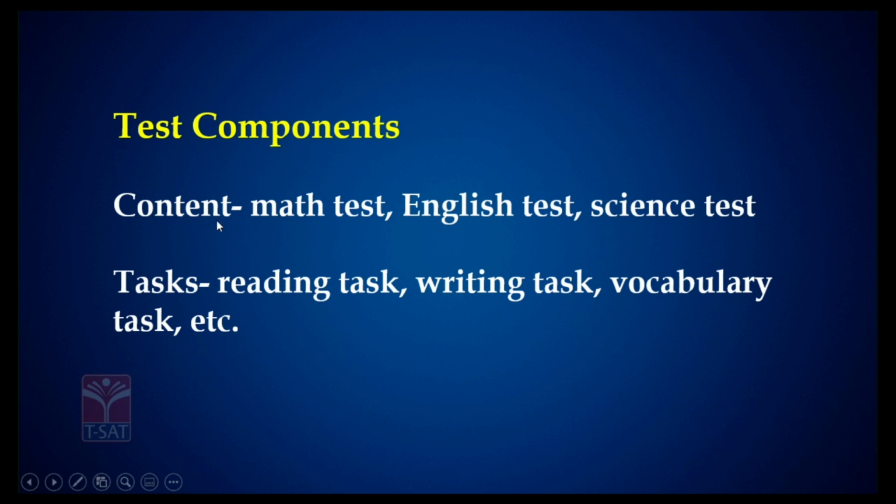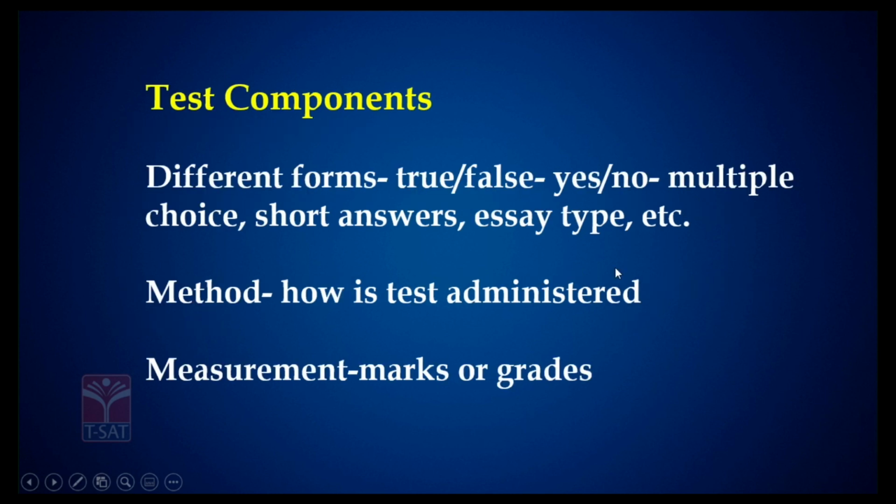First, content. The test should reflect the content. For example, in a maths test, the content of mathematics; in an English test, the content of English which is prescribed, or even a science test. And tasks. What are the tasks we can see in a test? We can have a reading task or even a writing task, vocabulary task, etc. And test items.